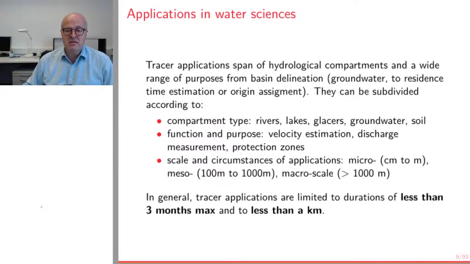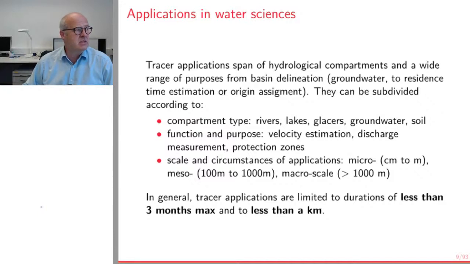And different scales, from centimeters to macro scale, more than 1,000 meters, I would say. In general, we can say that artificial tracer applications are limited to cases where the experiment takes less than 3 months and where the scale is less than a kilometer.